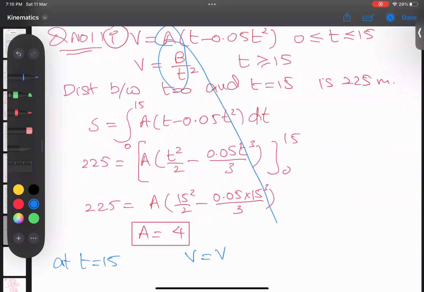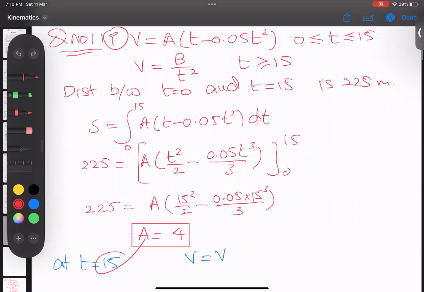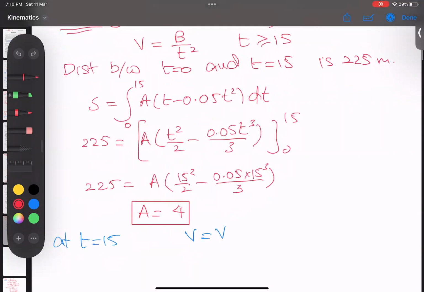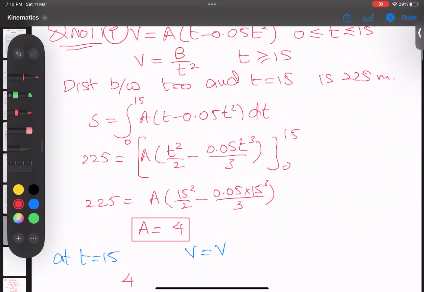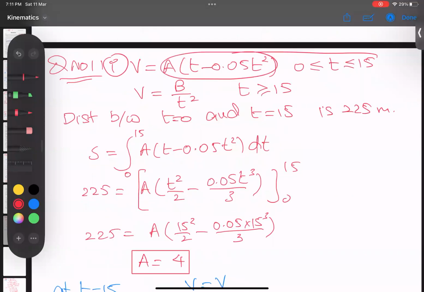This velocity and this one, and I'm going to solve it. But first, this 4 goes there, and every t is replaced by 15. So 4 times 2 times 15 minus 0.05 into 15 squared. This is the first one.